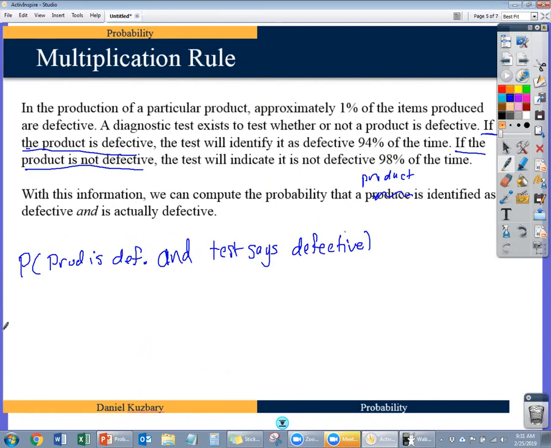And using the multiplication rule, I can actually do this in any order I want. I'm going to do the chance that the test says defective given the product is defective times the probability that the product is defective.